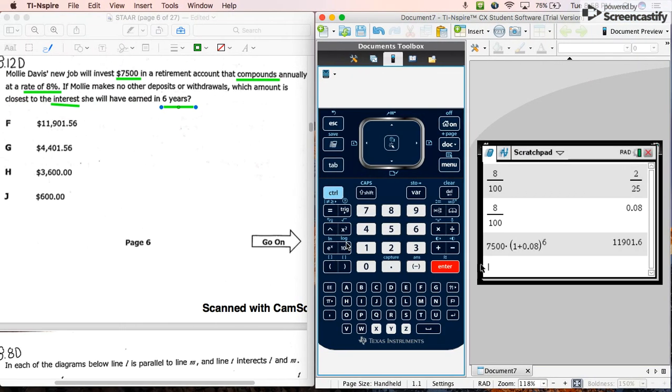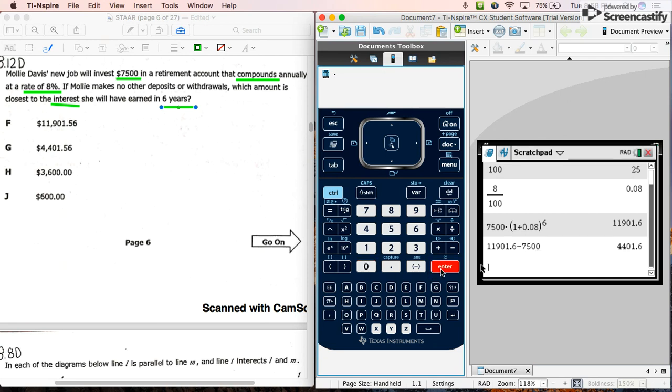So let's go ahead and do that. 11,901.6 minus 7,500, enter. So the interest earned after the 6 years is 4,401.6, okay?